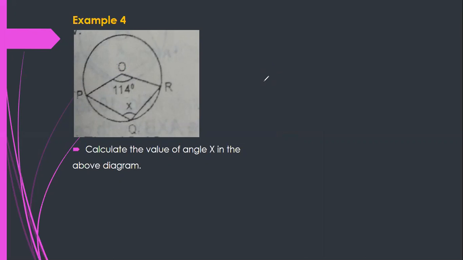Yes, the angle subtended at the center of the circle by an arc is twice that which is subtended at any point on the circumference. So to find angle x, we need to find this angle POR before we can find angle PQR.